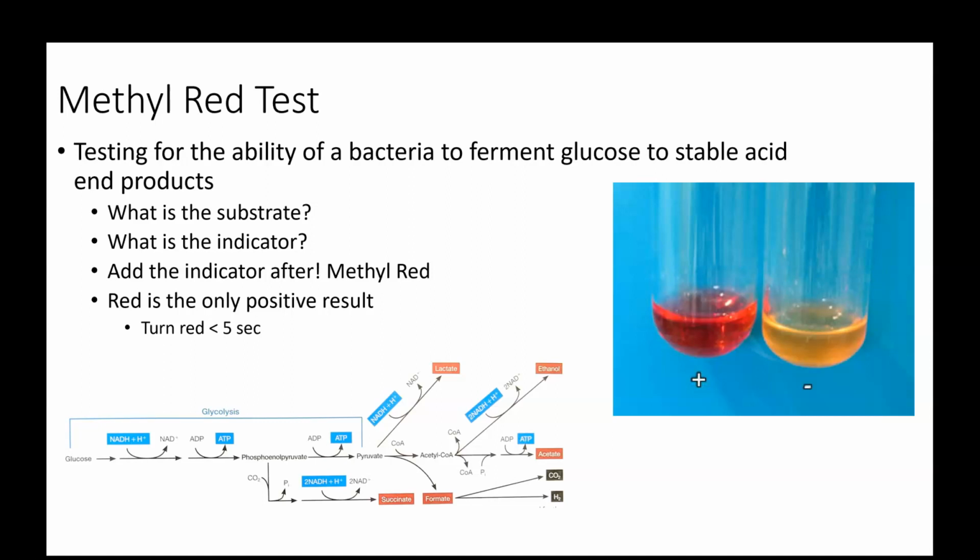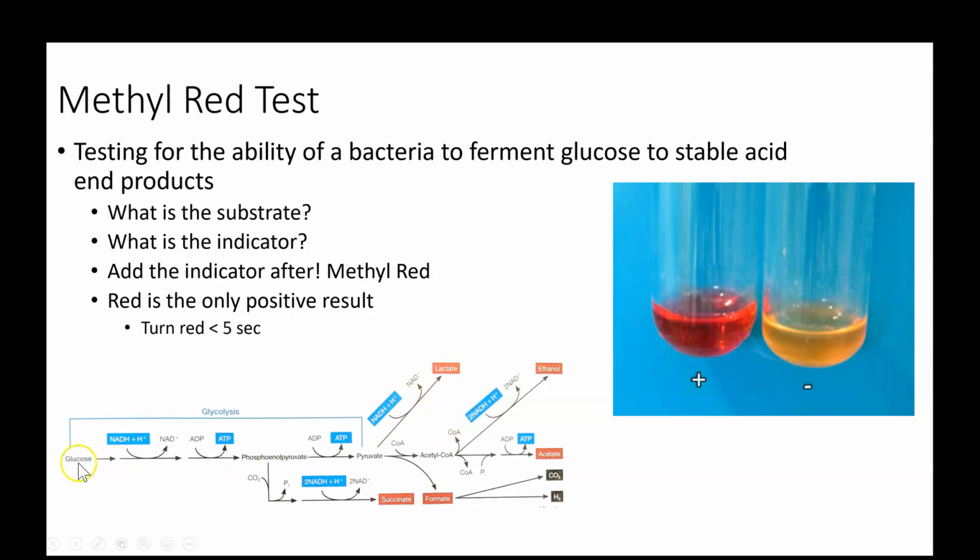Most acid end products that occur as a result of fermentation can either get consumed in a different pathway eventually, or they break down over time. The difference in the methyl red test is that these acid end products tend to stick around over days, potentially. I've done a methyl red test after like a week or so. So you can actually let these go for a really long time and still get a positive result because those acid end products are quite stable.